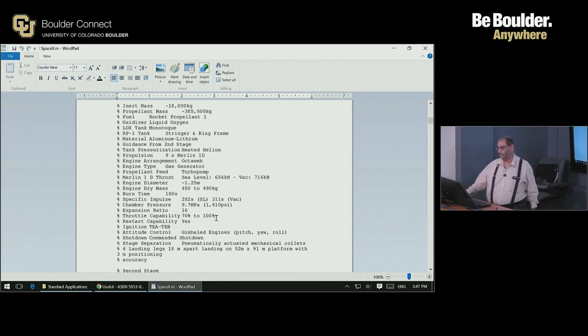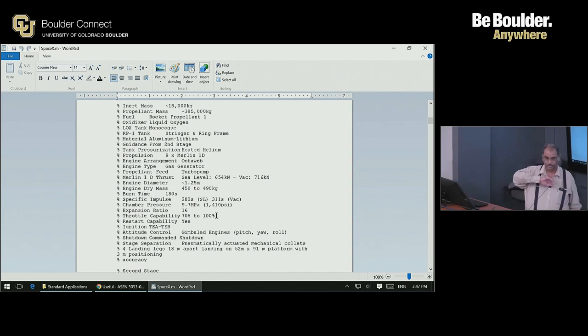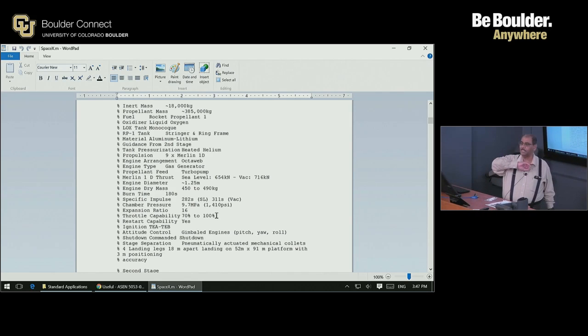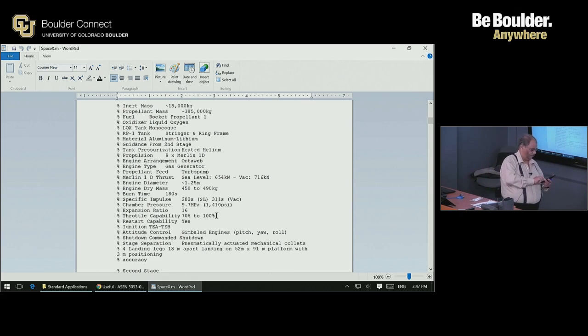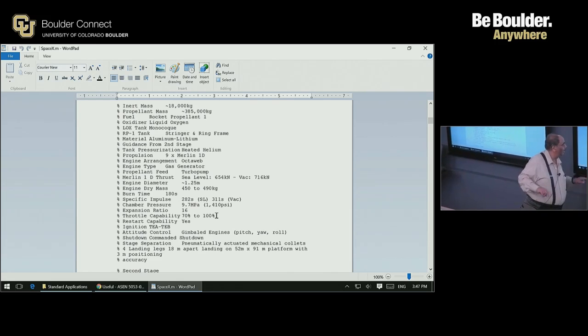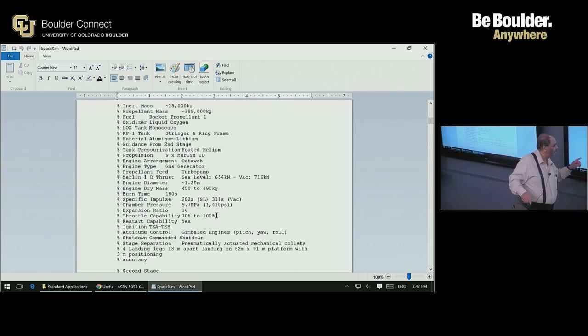Throttling capability is important because as the vehicle goes through what is known as the max Q. My apologies.